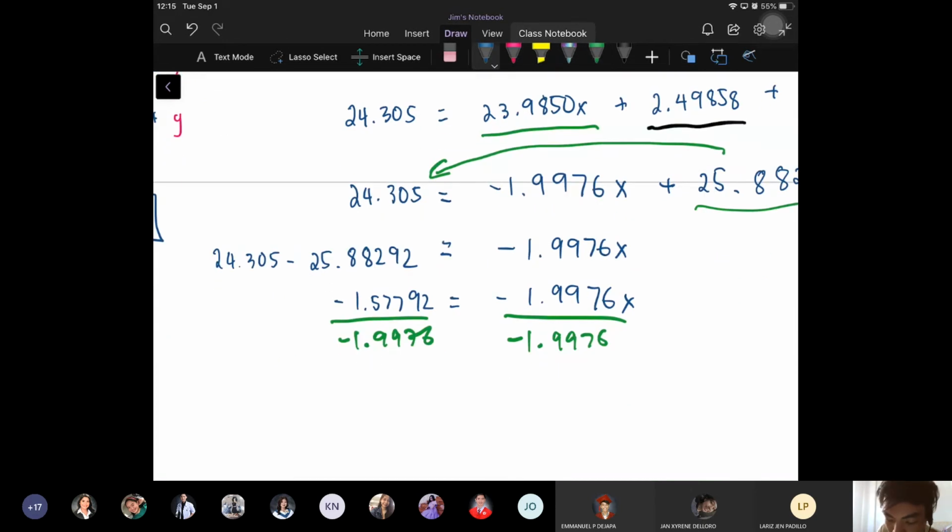So I will get the value of x being equal to 0.7899, or 78.99%. I am able to solve for x now.